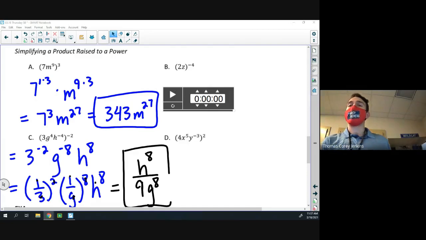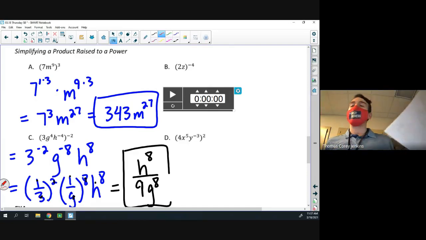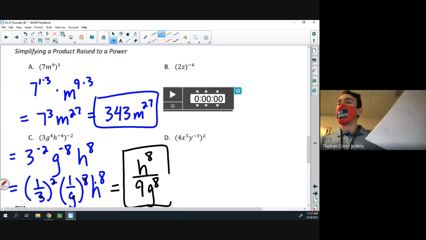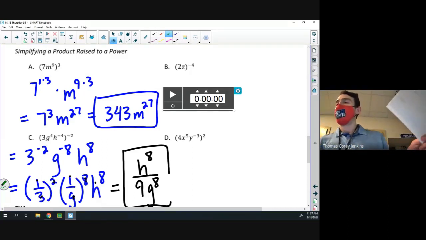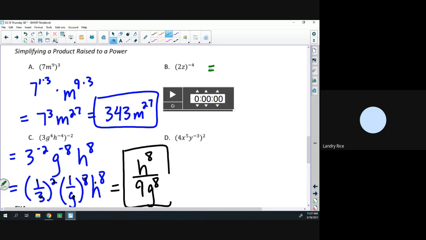Anyways, Corey, what'd you get for B? All right. You didn't get anywhere? Okay. Landry, did you get anywhere? I got to 2 to the negative fourth and then z to the negative fourth, and I didn't know what to do after that.